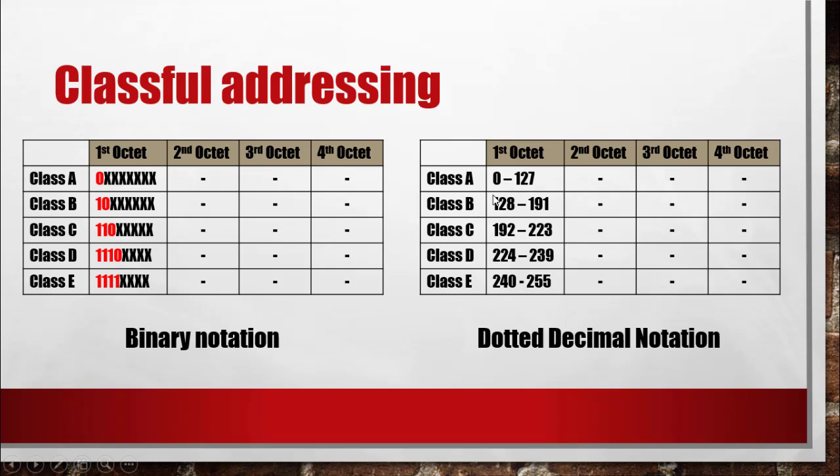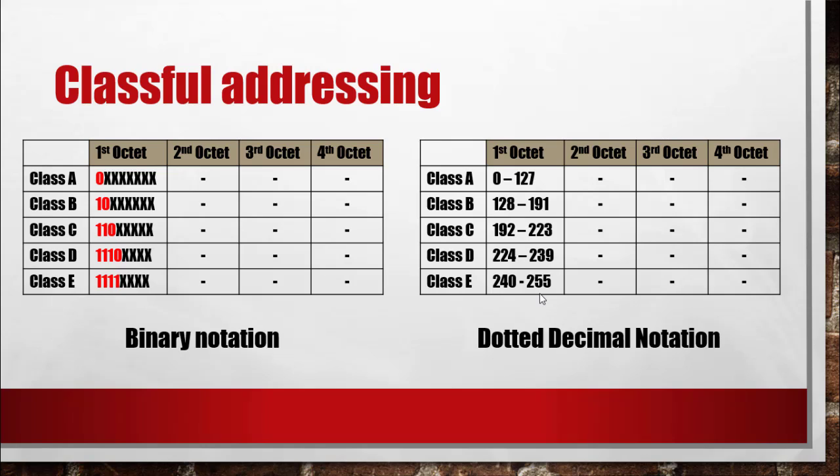Class B, 128 to 191. Class C, 192 to 223. Class D, 224 to 239. Class E, 240 to 255.